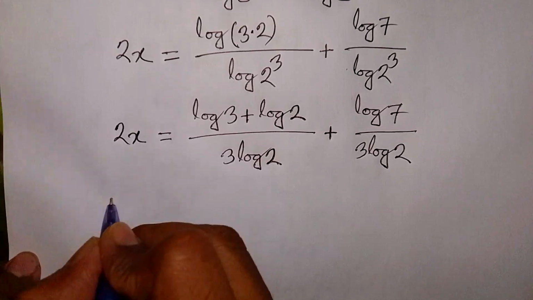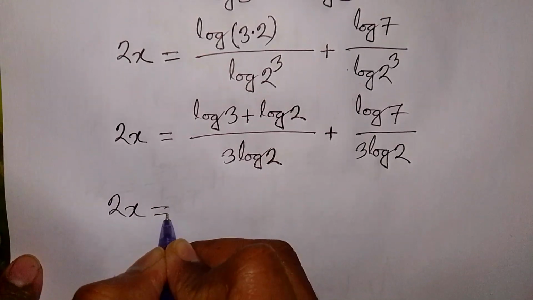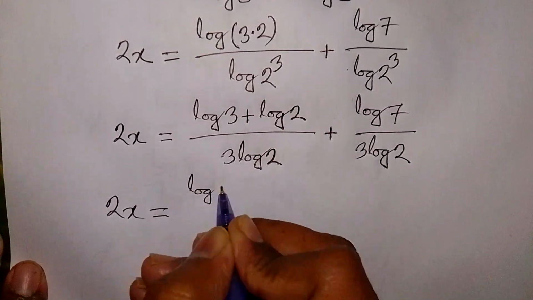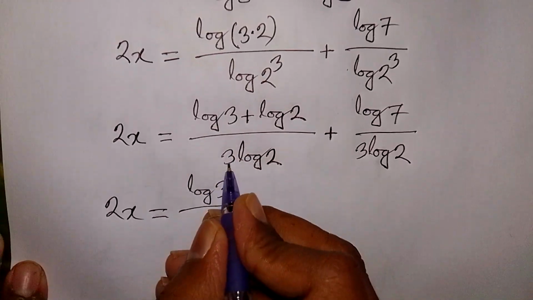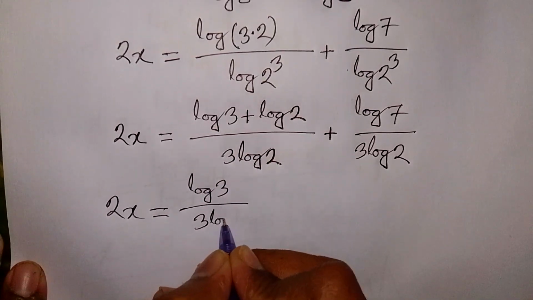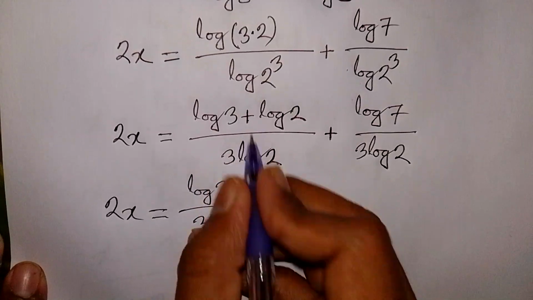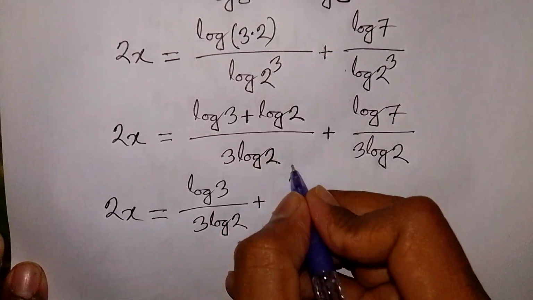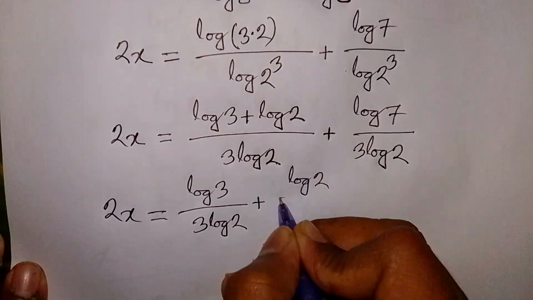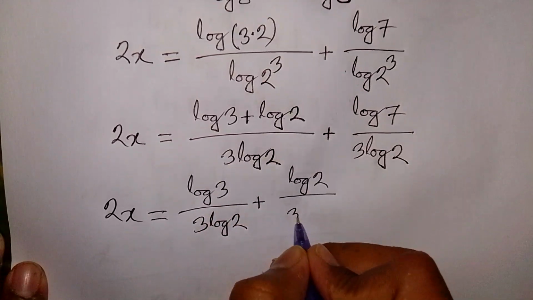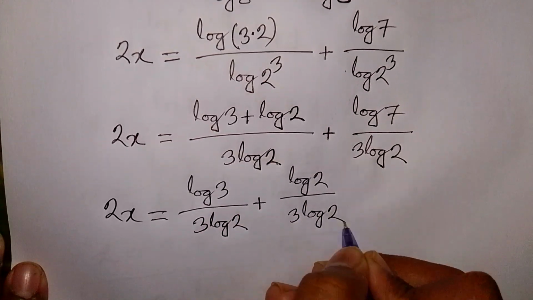Next step, 2x is equal to log 3 over 3 log 2 plus log 2 over 3 log 2.